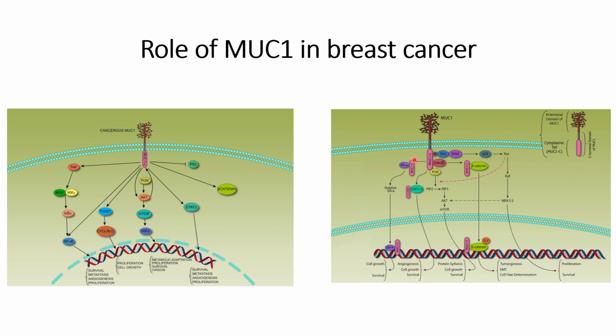And the last thing mentioned in this figure is that the Muc-1 cytoplasmic domain interacts with ERCX, which will lead to the stabilized ERCX formation, and that will also promote the genes that are involved in cell growth and survival. So one function can be upregulated by different signaling pathways.